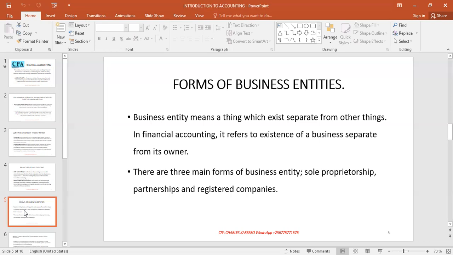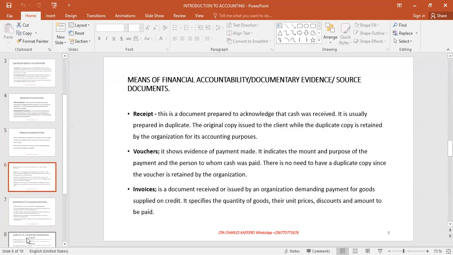So allow me to proceed to the means of financial accountability. Here we are talking about the documentary evidence, or the source documents, the ones we use when we are recording the information.